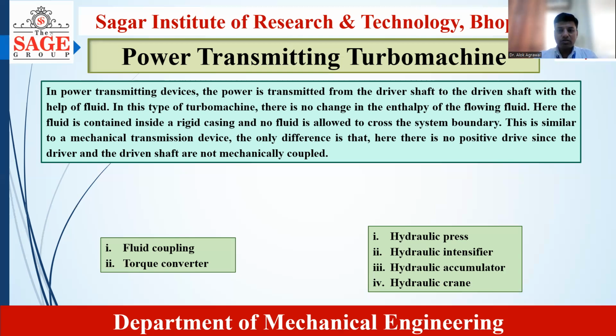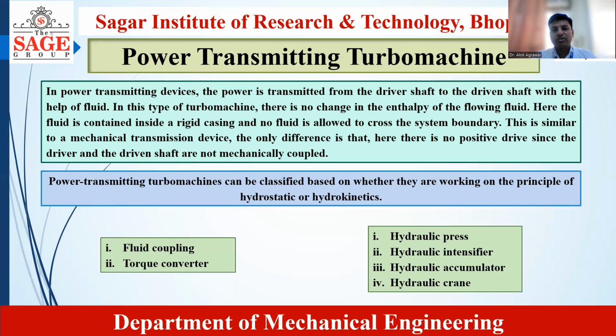These power transmitting turbo machines are classified based on the working principle, whether the machines work on the principle of hydrostatics or on the principle of hydrokinetics. If it works on the principle of hydrostatics, the fluid remains at a static state, not continuously moving.